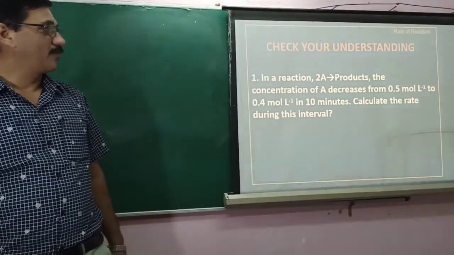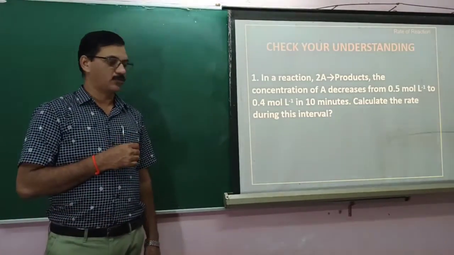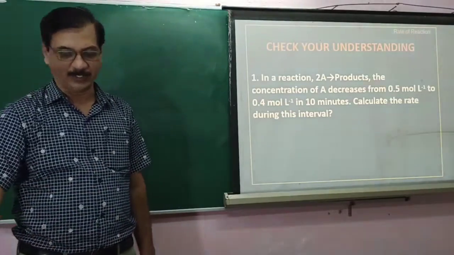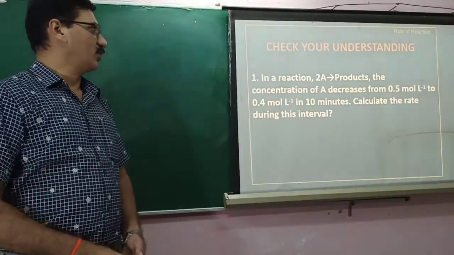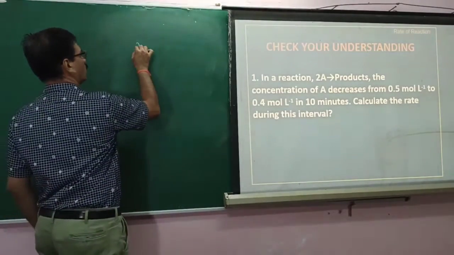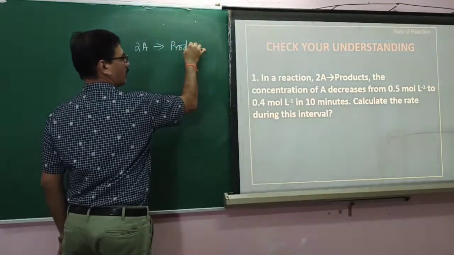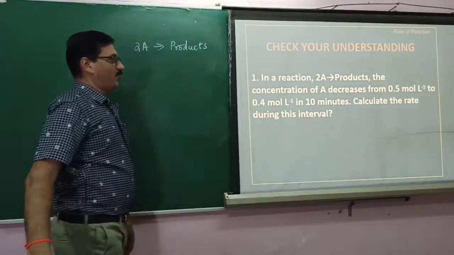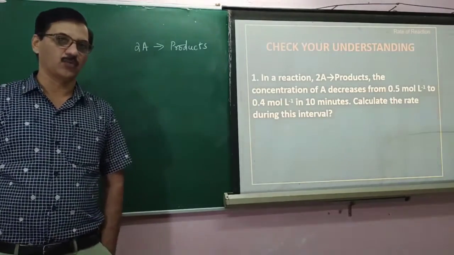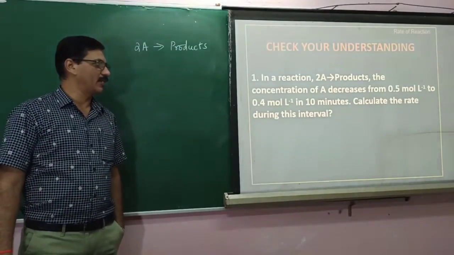Now let us apply this knowledge to one of the questions and see whether we can solve it. In a reaction, 2A giving rise to products, the concentration of A decreases from 0.5 moles to 0.4 moles in 10 minutes.